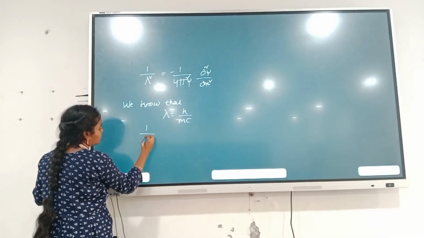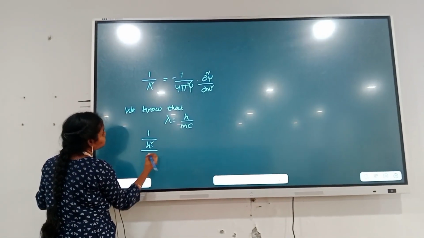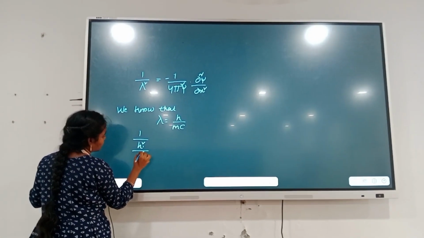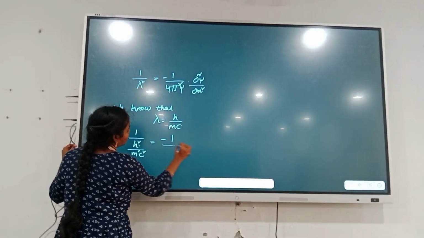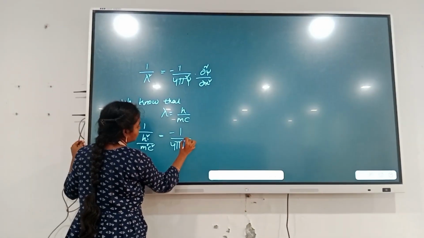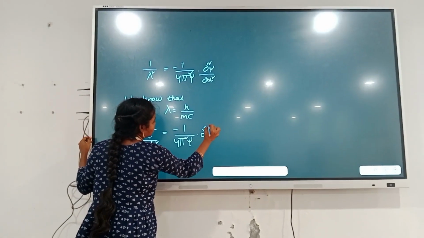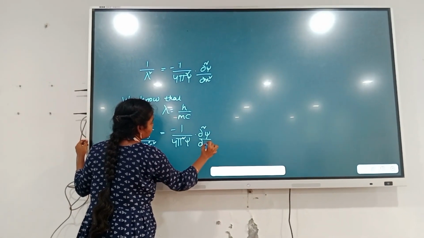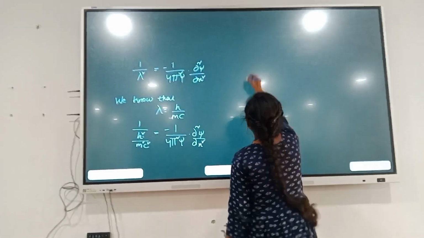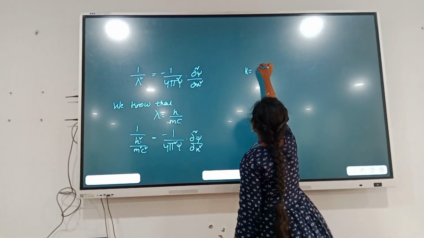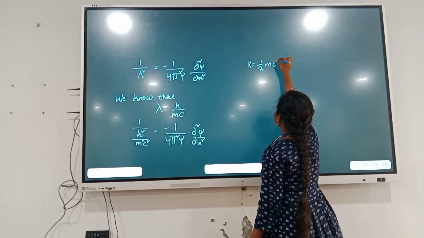So 1 by x² by m²c² equal to minus 1 by 4π² ψ ∂²ψ by ∂x². So we already know a equal to mc².